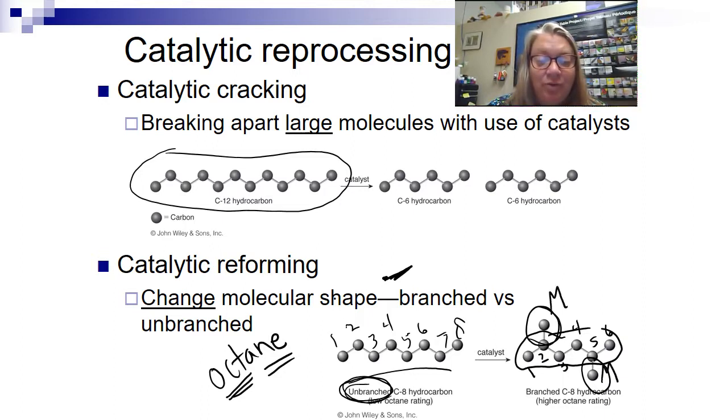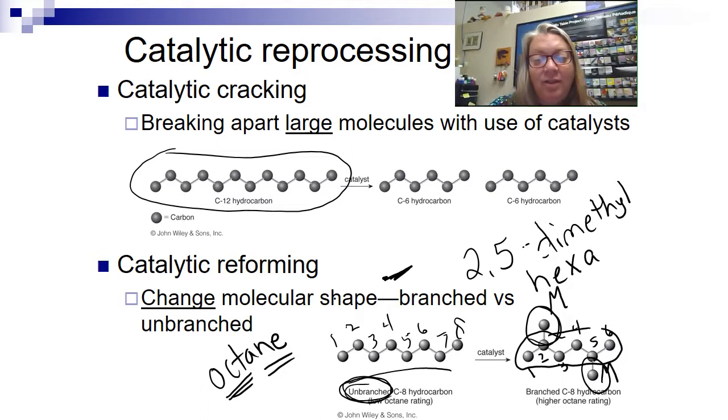Here's another methyl group. This would be 2, 5. There's 2 methyl groups, so we call it dimethyl. And there's 6 in the longest chain, so we call it hexane. 2,5-dimethylhexane. I know you're not an expert at naming, but that gave you a little bit of review.